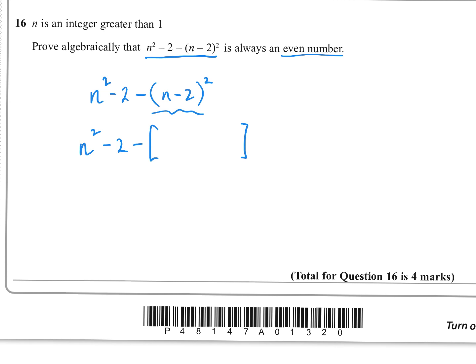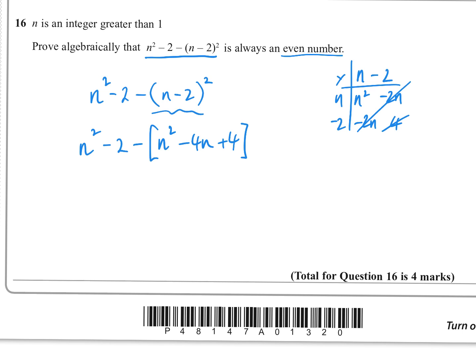I'm going to use square brackets here because n minus 2 multiplied by n minus 2 gives us the n squared here, minus 2n more, and then minus times the minus 2 times the minus 2 is positive 4. So that gives us n squared minus 4n plus 4.